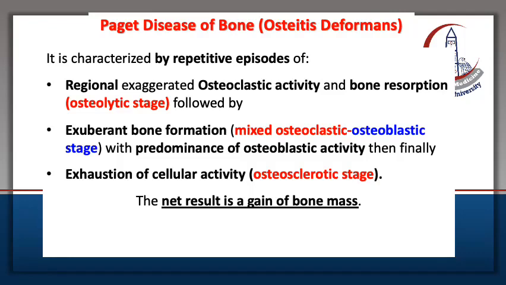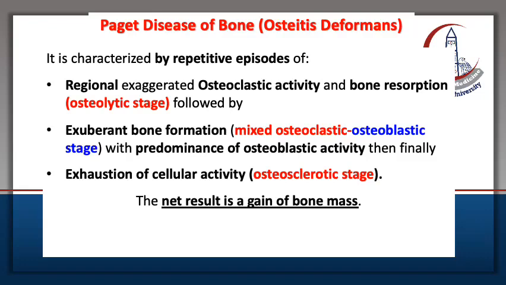As we see from this scenario, there is an ongoing battle between two types of cells. One is the osteolytic or osteoclastic cell that breaks down bone, and the other cell, on the other hand, is the osteoblast that builds up bone. This ongoing battle occurs in a random fashion without proper remodeling.